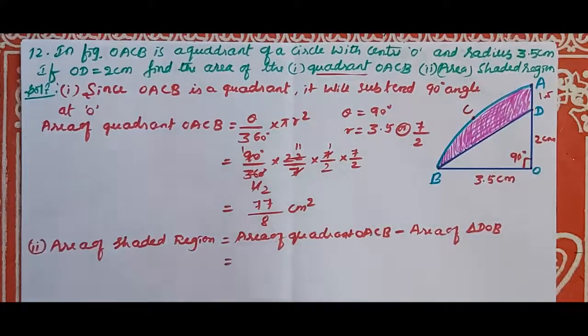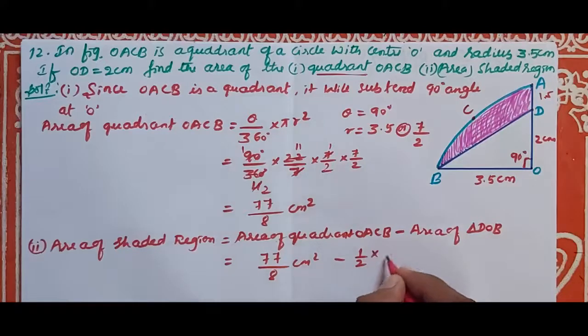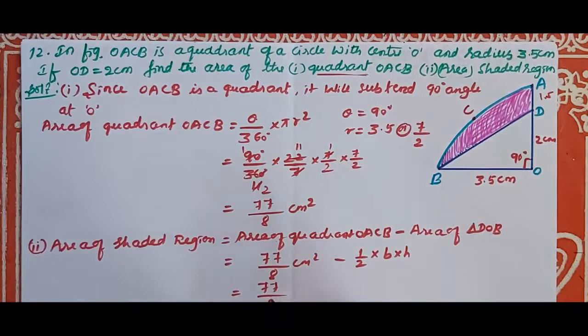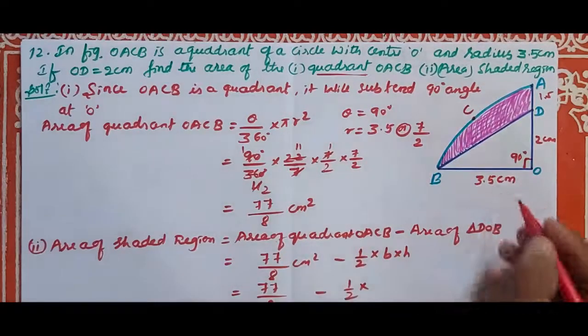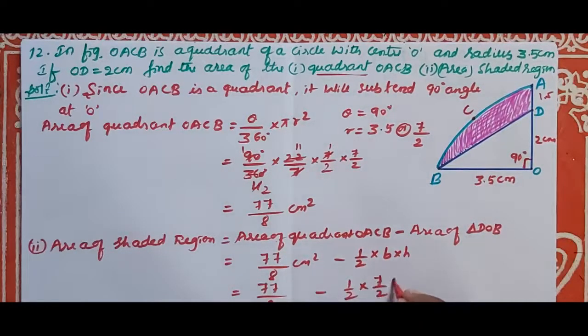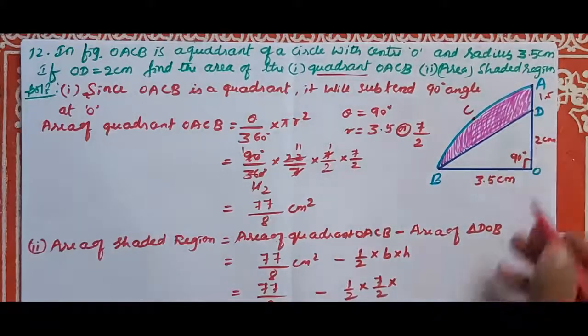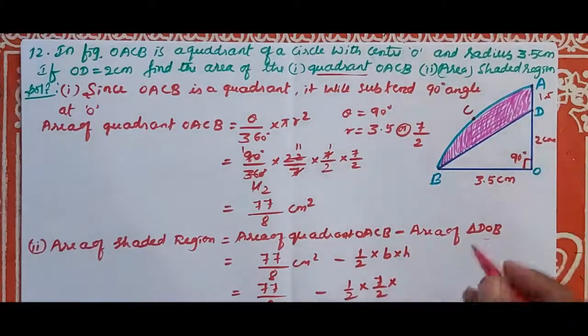Area of quadrant OACB we already got, 77 divided by 8 square centimeter, minus area of triangle, that is half into base into height. So 77 divided by 8 minus half into base, which is 3.5, that is 7 by 2, into height, which is 2 centimeter, DO.